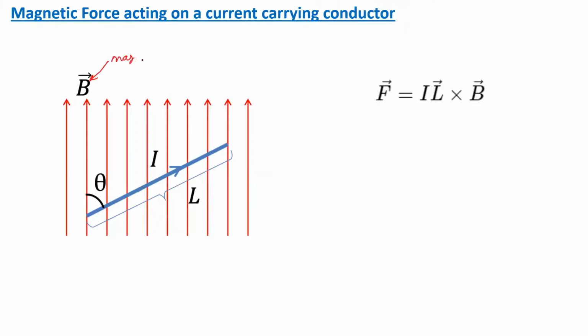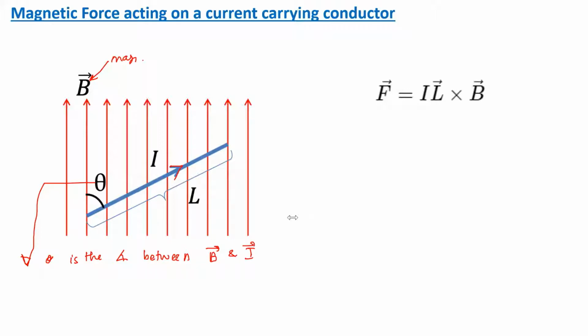B is magnetic field. And I have this wire of length L, and it takes current this way. And this angle theta is the angle between B and I.